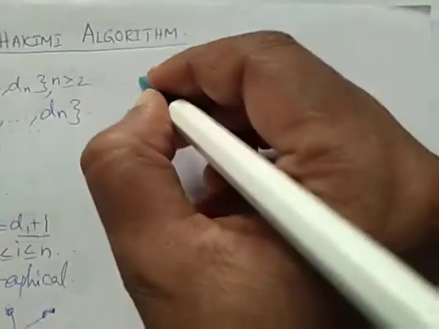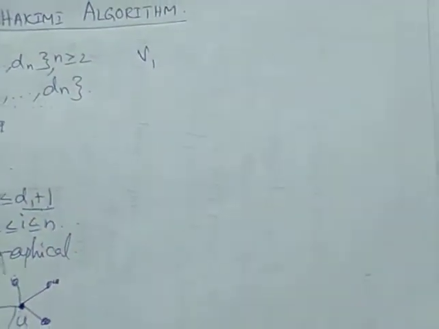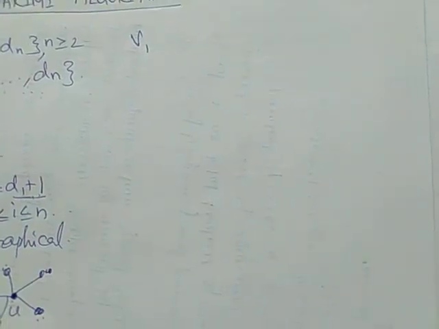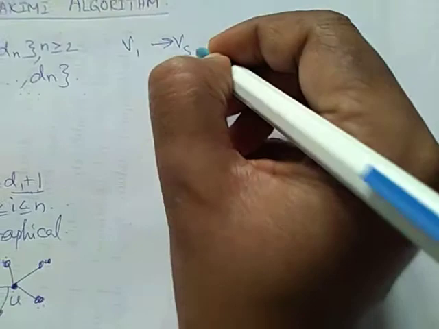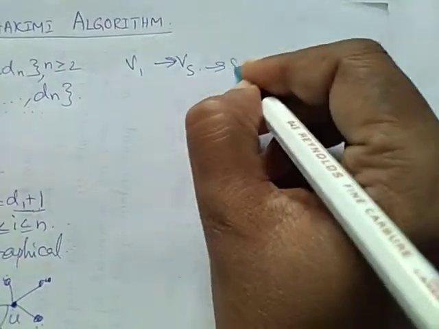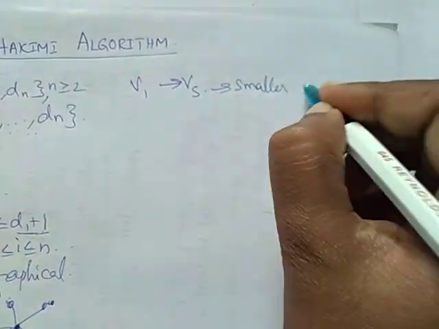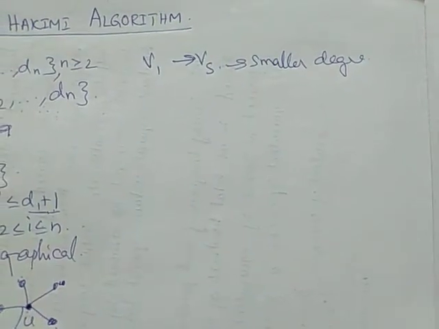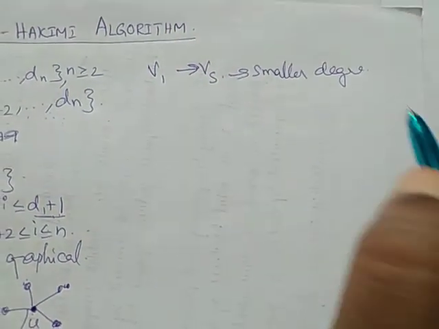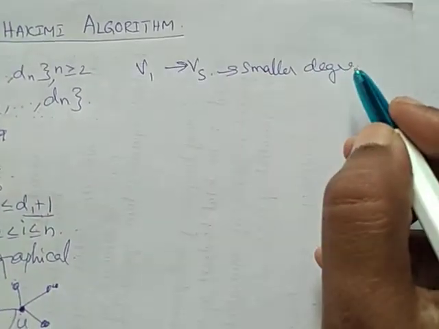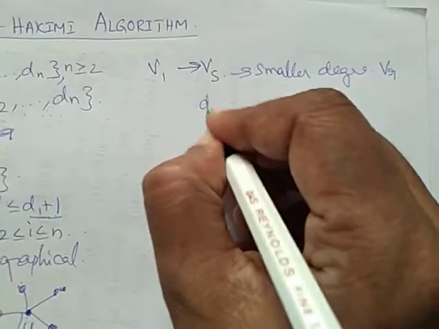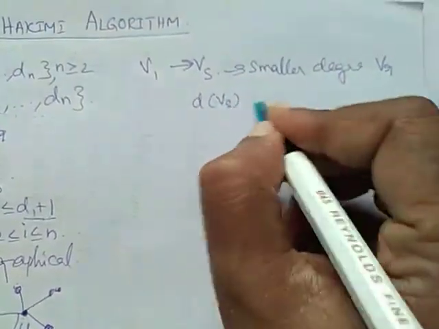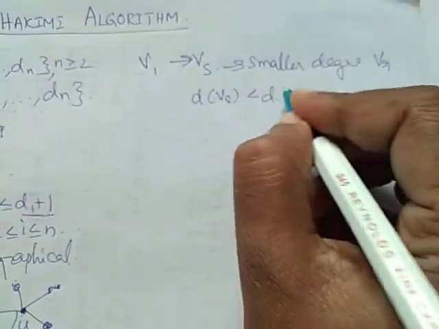Therefore, V1 is adjacent to some vertex Vs, which I am considering as having a small degree, smaller than V2, V3, etc., and smaller than a vertex Vr. It means the degree of Vs is less than the degree of Vr.